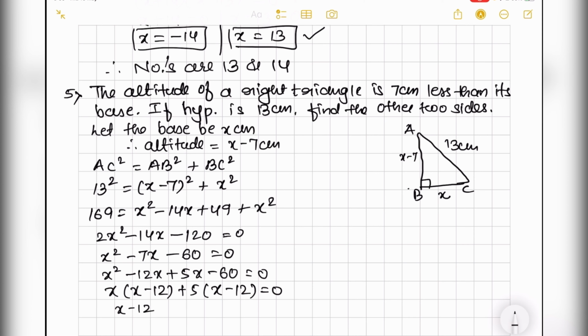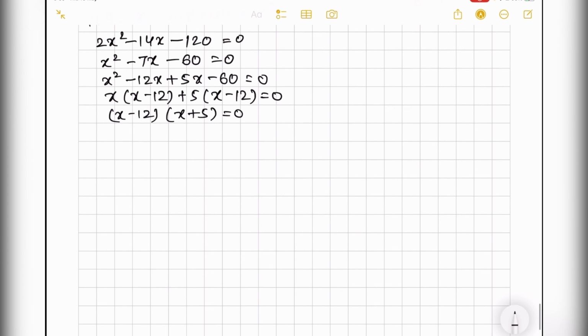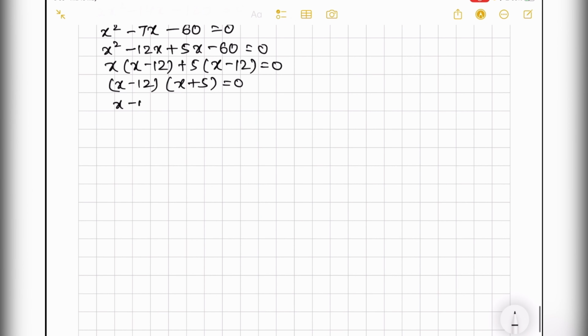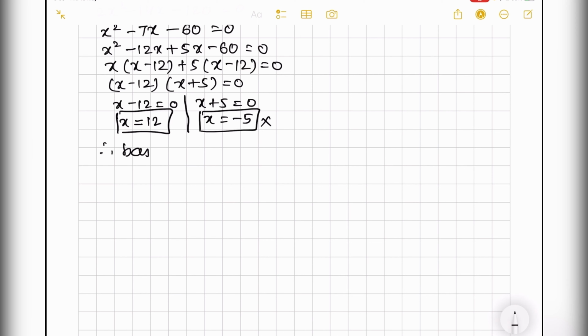So either x - 12 = 0 or x + 5 = 0. So here x will be 12 or x will be -5. Now a side can't be negative, so this is not possible. Therefore the base is 12 centimeter, and the altitude will be 12 - 7, that is 5 centimeter.